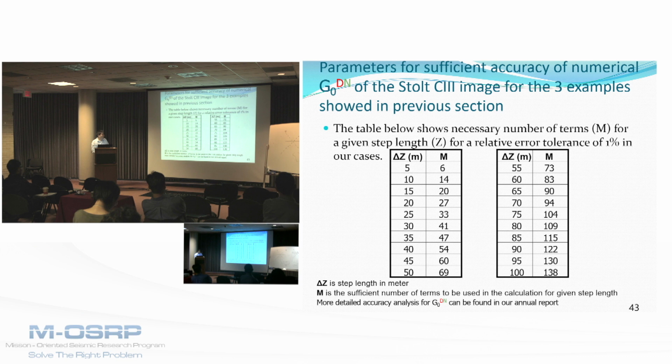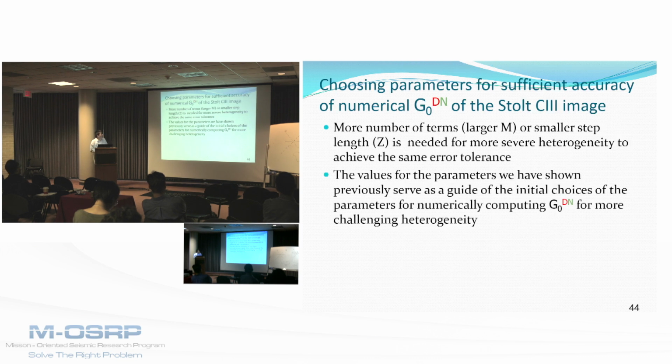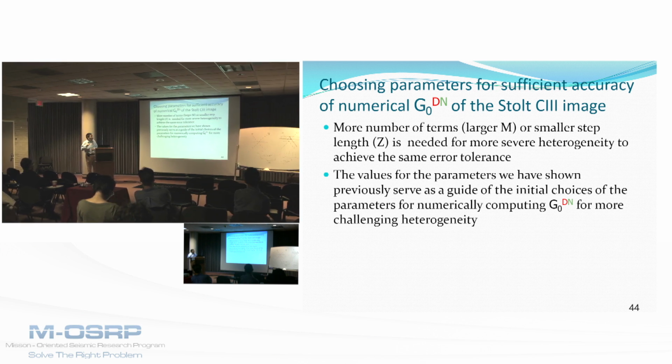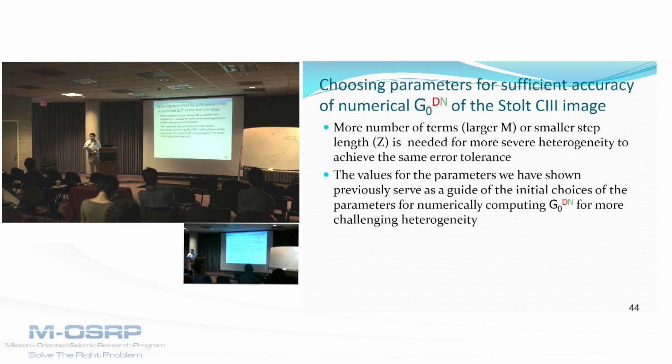You can see that. For choosing the parameters for the J0DN calculation, if we have more severe heterogeneity and want to achieve the same error tolerance, we need more terms or a smaller step size. So the values shown in the table can serve as the initial choices for the parameters if you have more challenging heterogeneity.